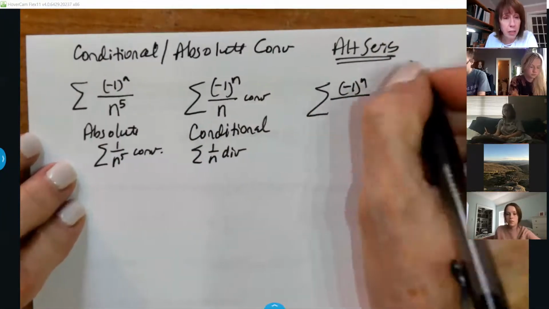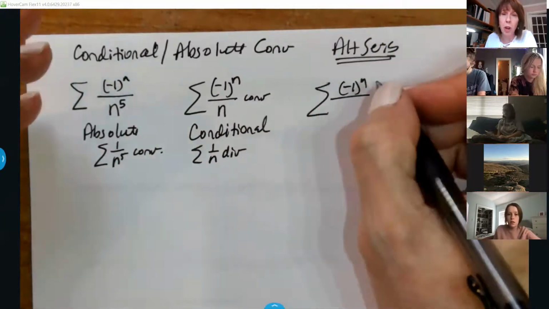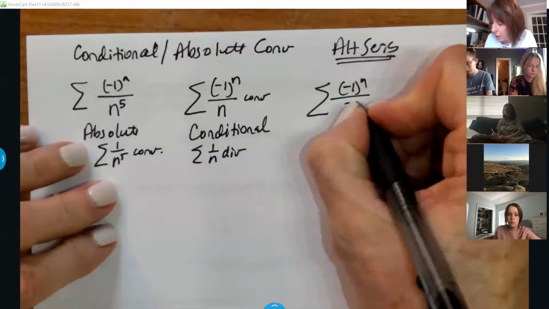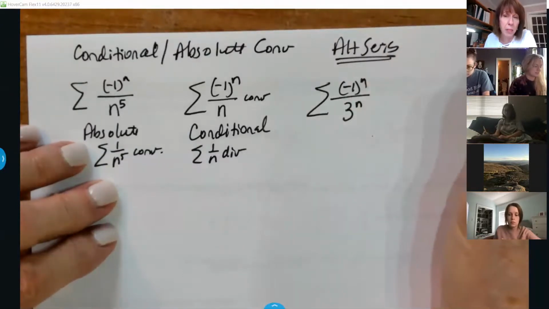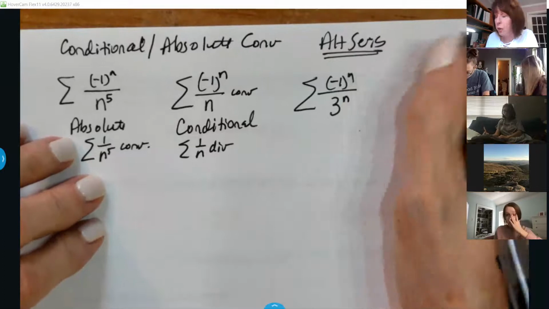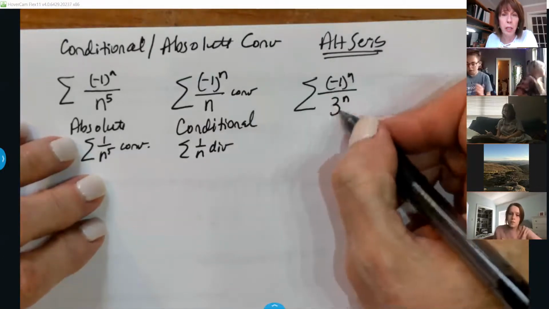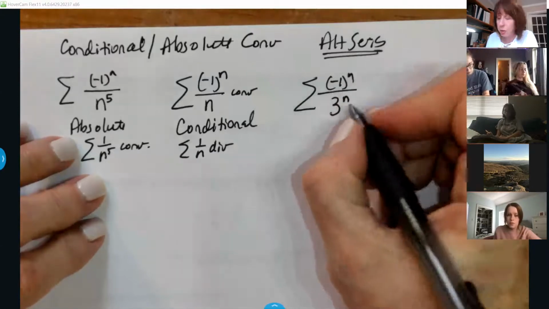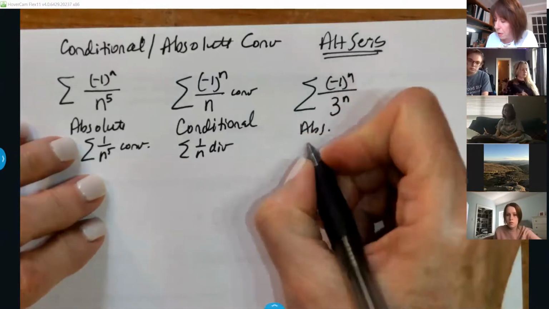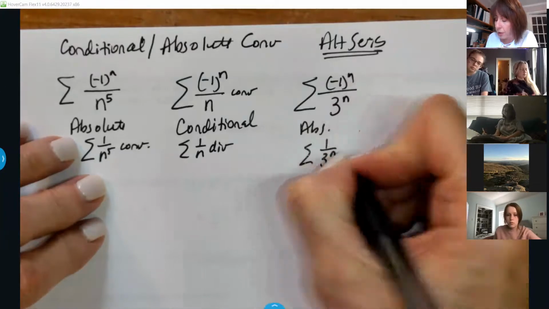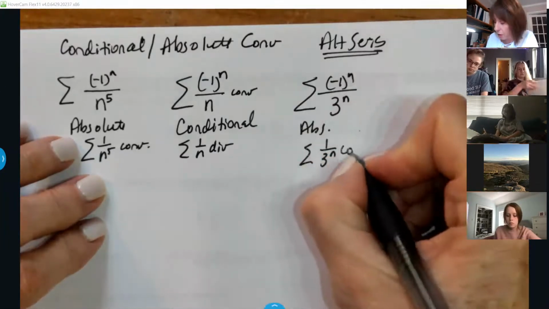It doesn't have to be a p series. I could make that maybe a 3 to the n down there. That would be a geometric. So in this one, this would be absolute, because even without the -1, we converge.